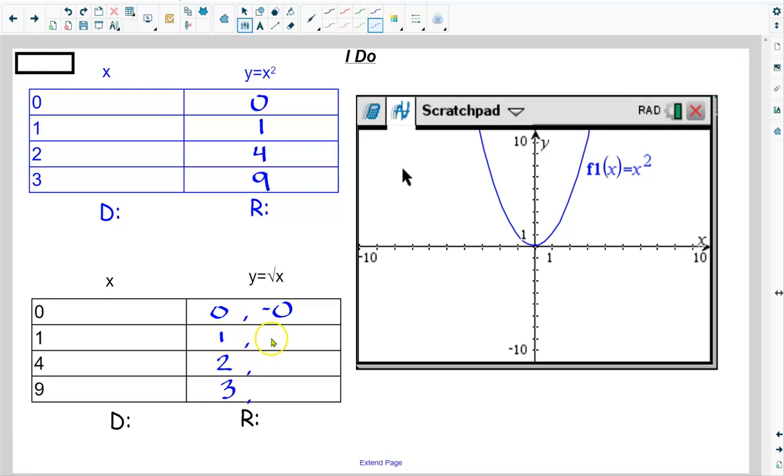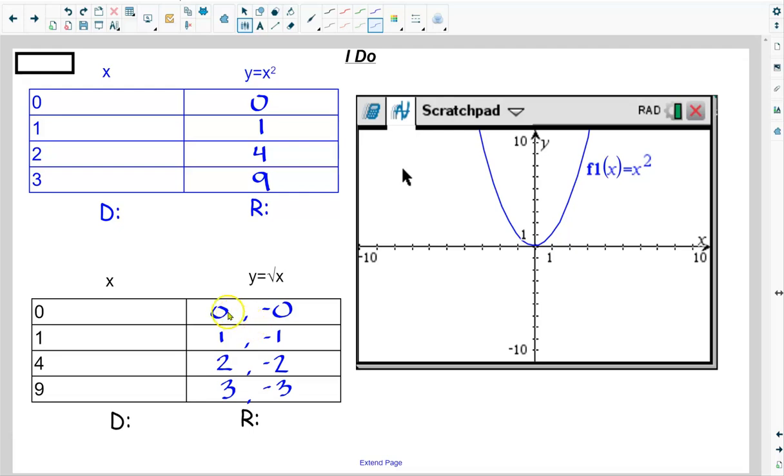But here, you asked for two numbers that multiply to give you 1. We have negative 1 times negative 1. Same thing with negative 2 times negative 2 giving us 4, and negative 3 times negative 3 giving us 9.